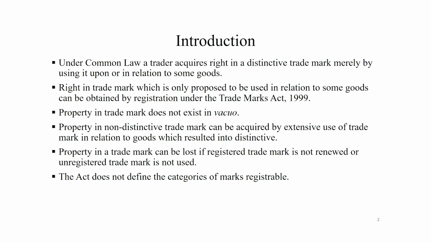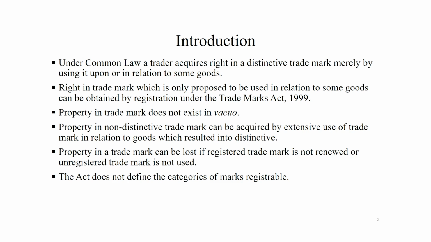Keep in mind that property in trademark does not exist in vacuum. We also discussed, if you recall in the last lecture, that non-distinctive marks, for example, a descriptive mark, which is essentially a non-distinctive mark. Property in non-distinctive trademark can also be acquired by extensive use of trademark in relation to goods.